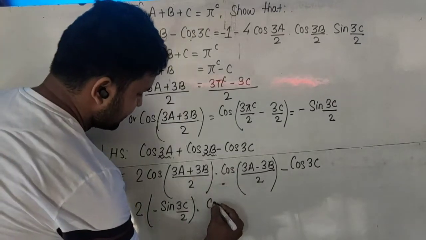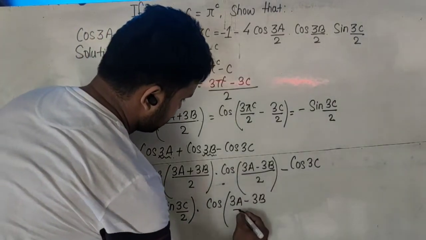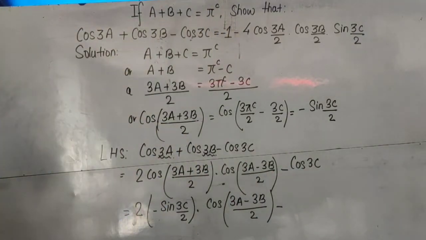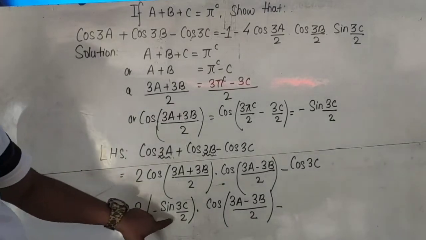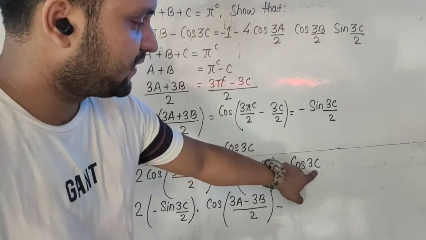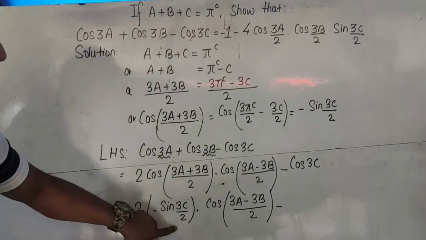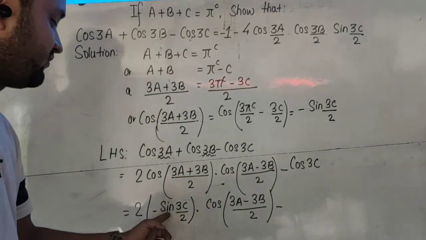Now cos 3a minus 3b by 2 is copied as it is, minus cos 3c. The formula for cos 3c should be used in such a way that you can take sin 3c by 2 common. I repeat one more time: you are going to use the formula of cos 3c where there is sin 3c by 2.